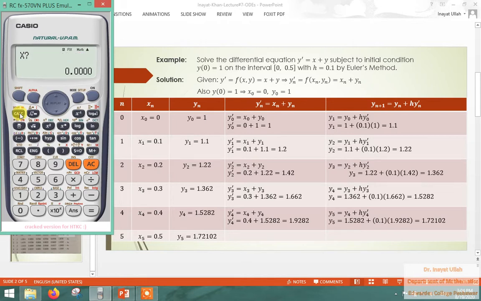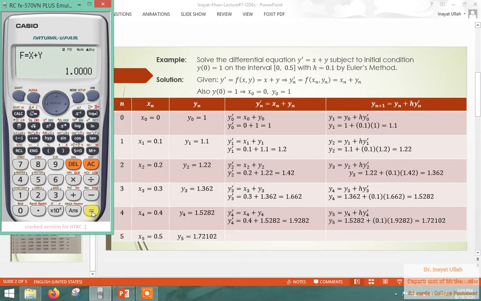The calculator will ask you about the value of x. The starting value of x is 0, so press 0, then press equal button. The calculator will ask you about the value of y, and the value of y is 1. The first starting value is 1, so press 1 and then equals to.